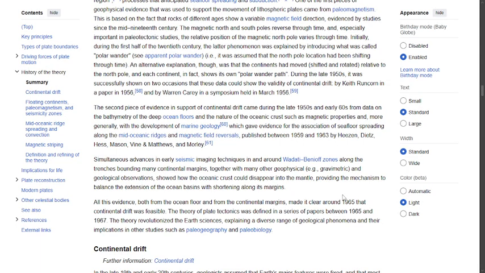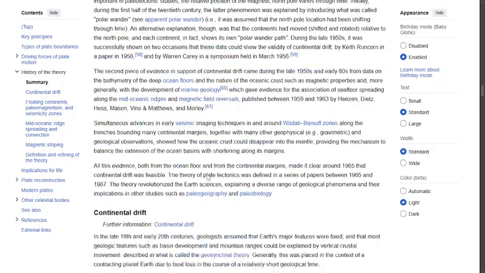So I'm assuming it became consensus in the late 60s, but it's been theorized and worked on since the 1910s. Makes sense, I suppose. So I wasn't particularly correct, I wasn't particularly wrong, I suppose.